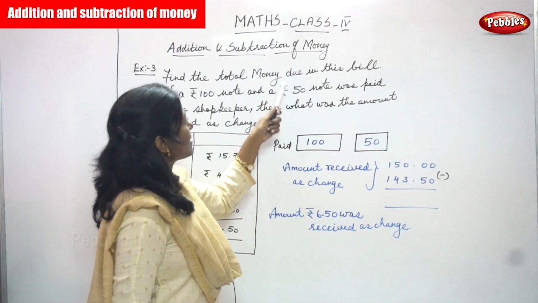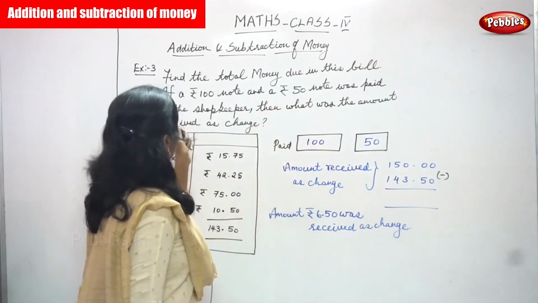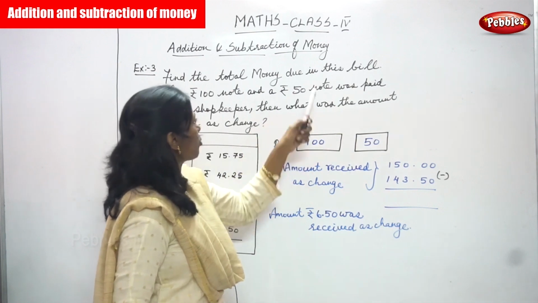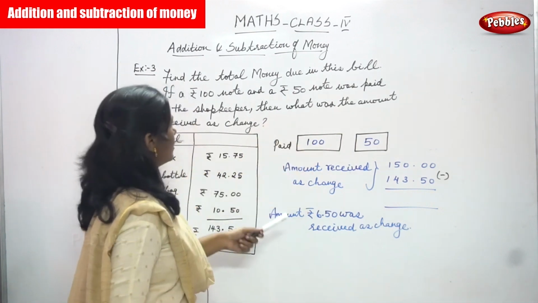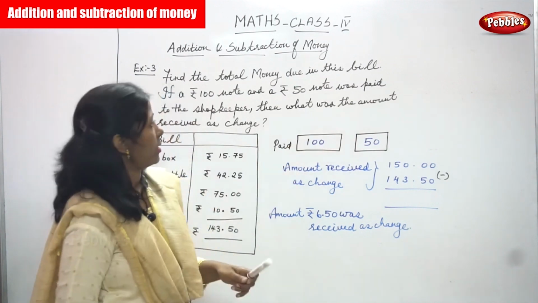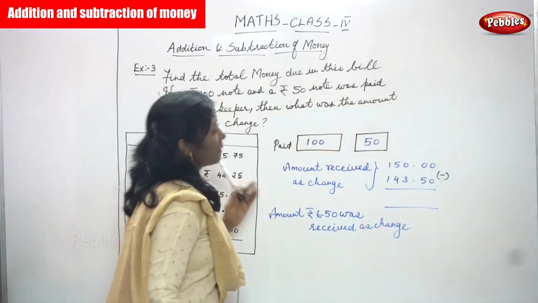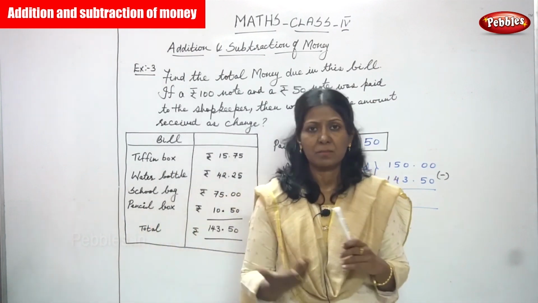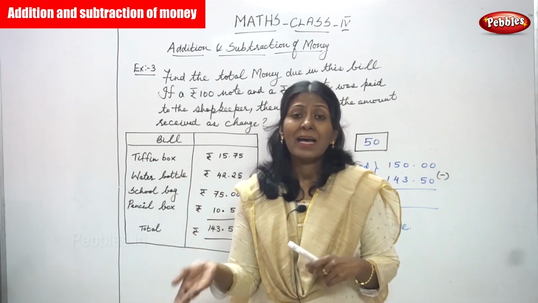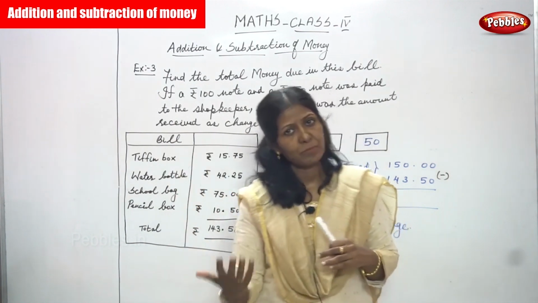Find the total money due in this bill if a rupees 100 note and a rupees 50 note was paid to the shopkeeper, then what was the amount received as change? A person went to the shop and bought something.